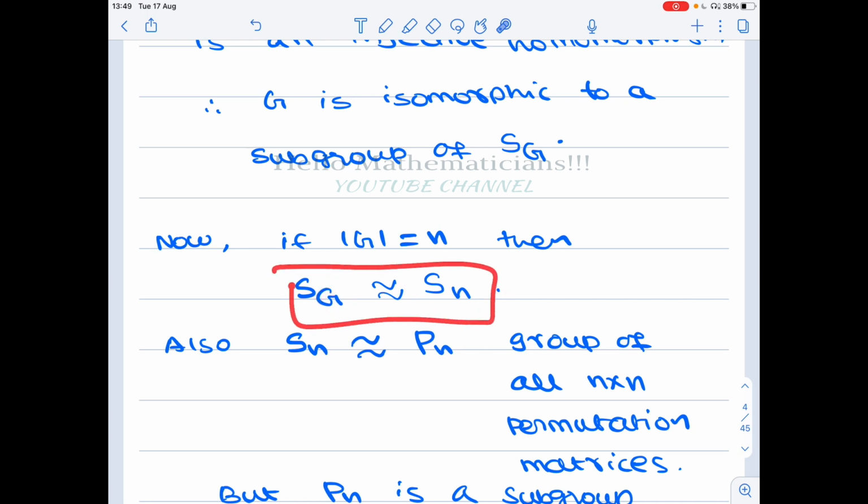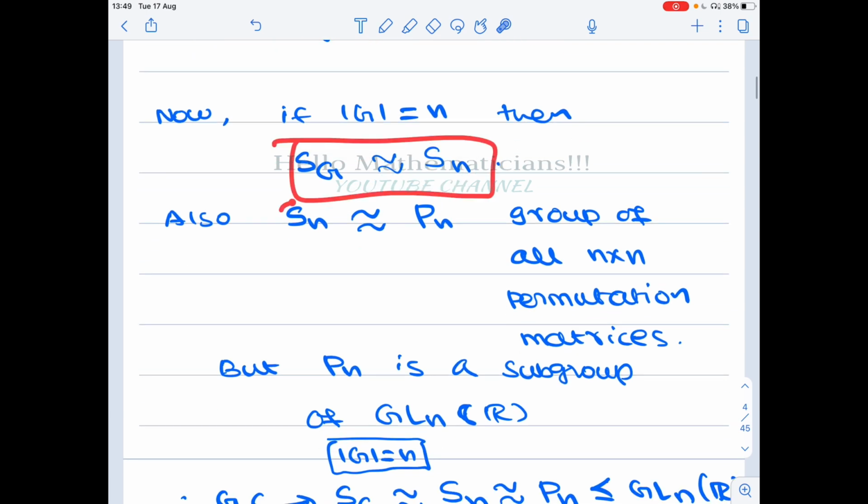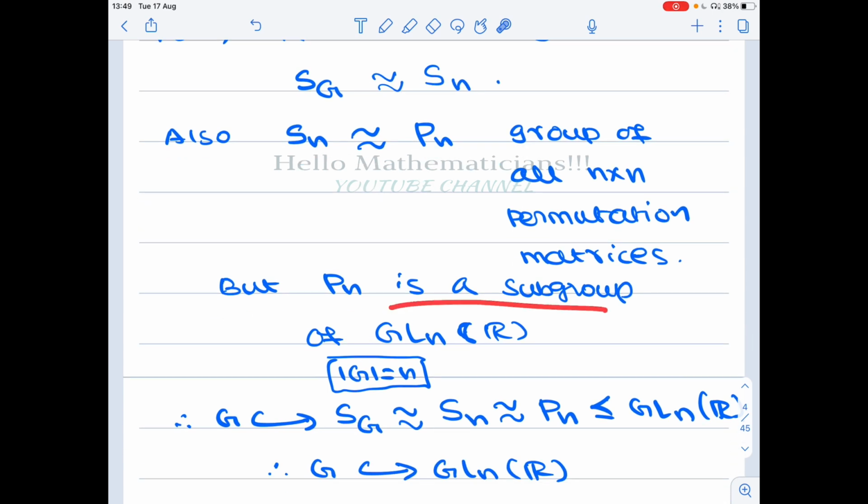This is straightforward to check. Now the symmetric group on n symbols is isomorphic to the set of all n by n permutation matrices. Permutation matrices form a subgroup of GL n R. In my channel there is a video specially about permutation matrices. I will share the link in the description.